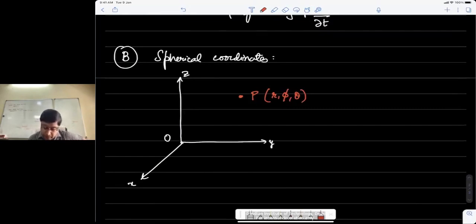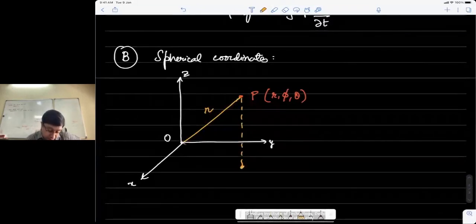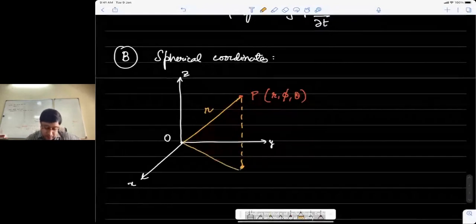So the distance of this point P from the origin is the distance r. That is quite clear, that is one coordinate defined. If I put the projection of this point on the xy plane, wherever it hits that xy plane, and then if I join this with the origin, then that angle from the x-axis is the azimuthal angle phi.